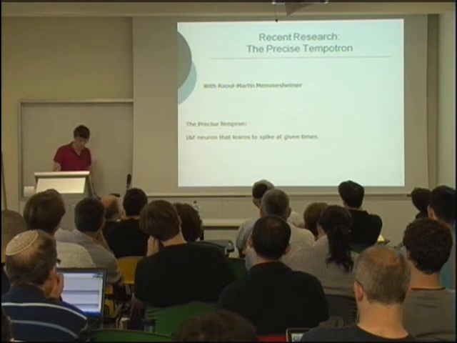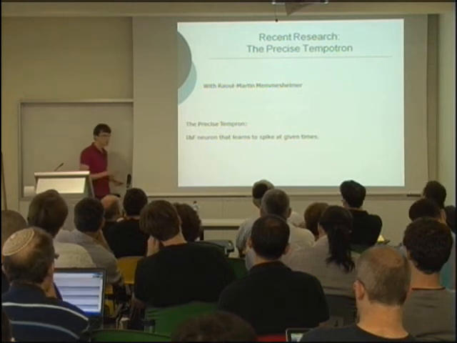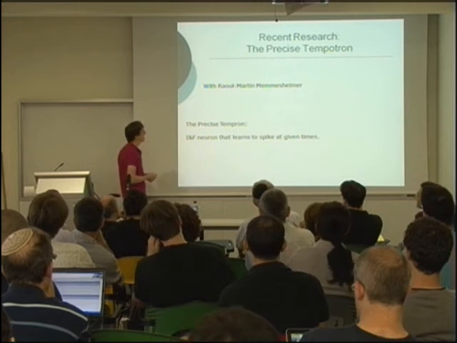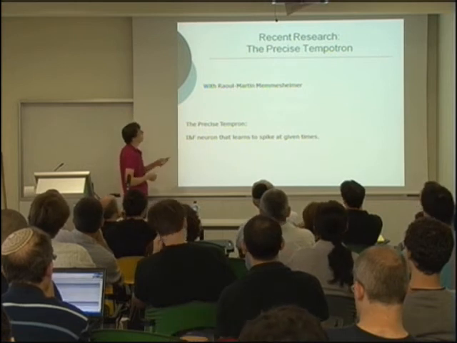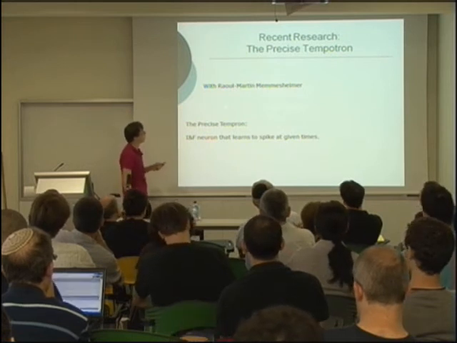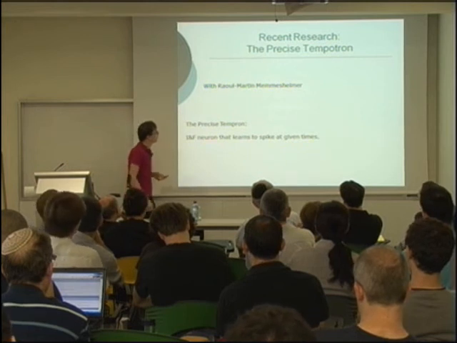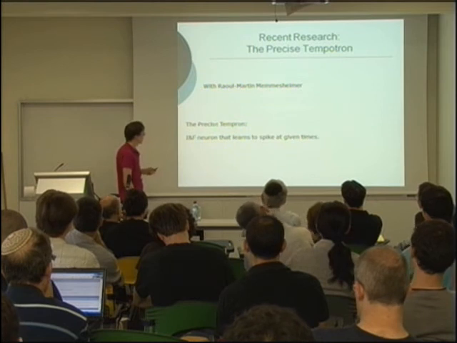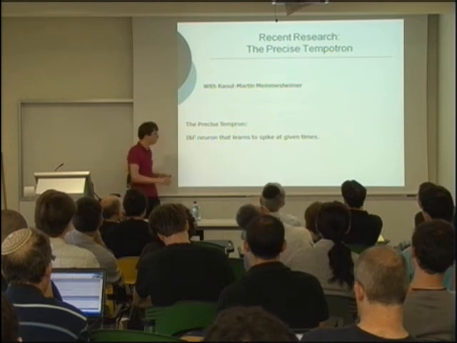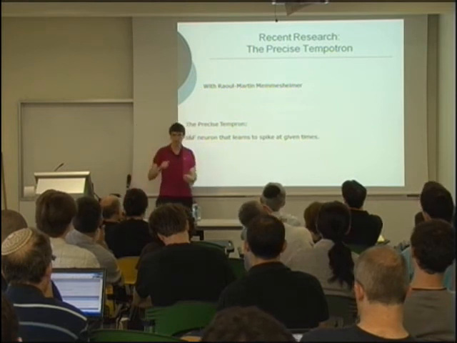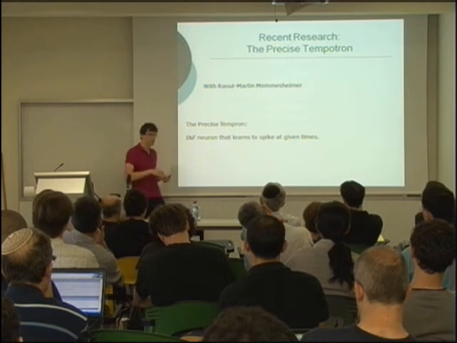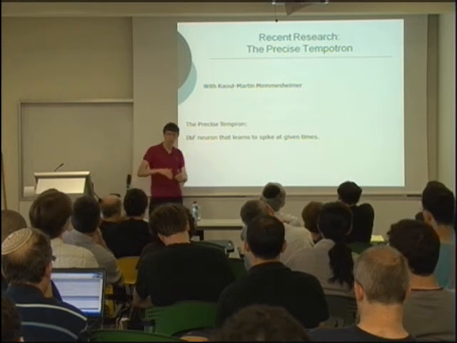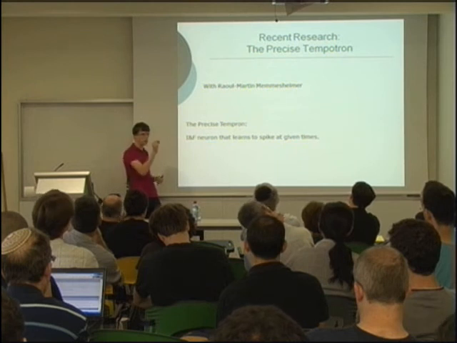The last two slides will show you how we are extending the research. I want to talk about the precise Tempotron, what we're doing with Raoul Martin Memmesheimer. The precise Tempotron is an integrate-and-fire neuron that, instead of learning to spike or not spike at all, for example, we can tell it for minus patterns don't spike, and for plus patterns spike at a particular time.